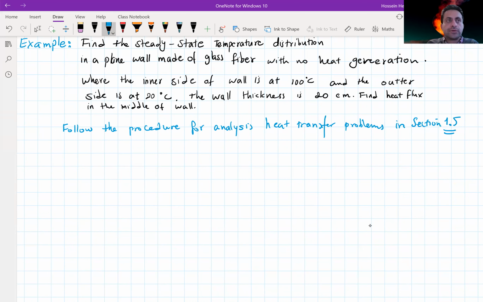Please go and review that section. If you look at that, the first thing we do is list all knowns. So what are the knowns for this problem?